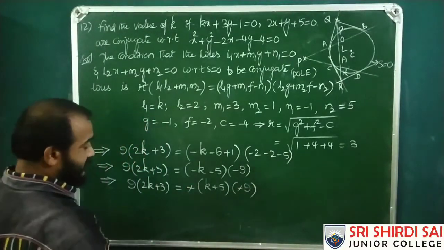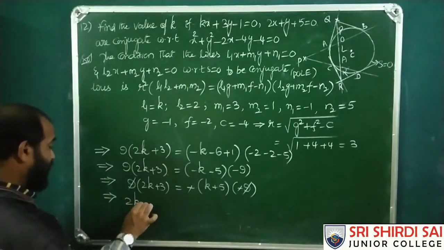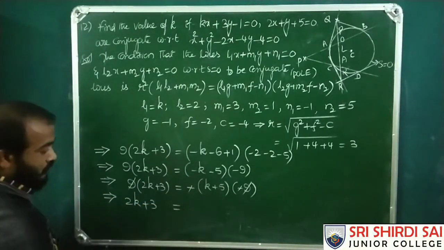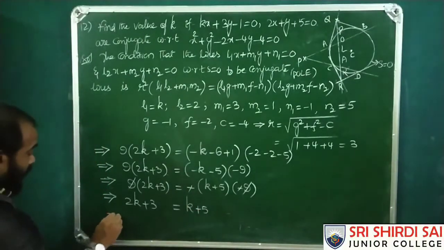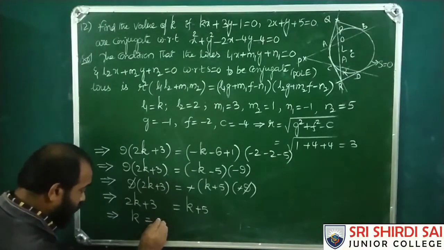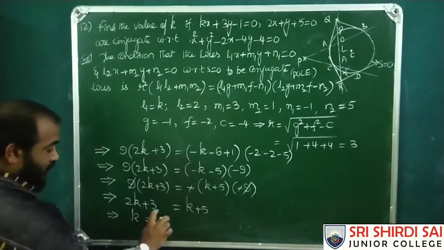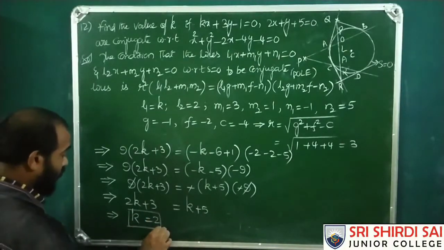Minus minus gets cancelled. 9 ones are 9. So 2k plus 3 is equals to k plus 5. So 2k, this plus k if you take this here, k is equals to, so this is 5, this plus 3 if you take to that side, k is equals to 2.